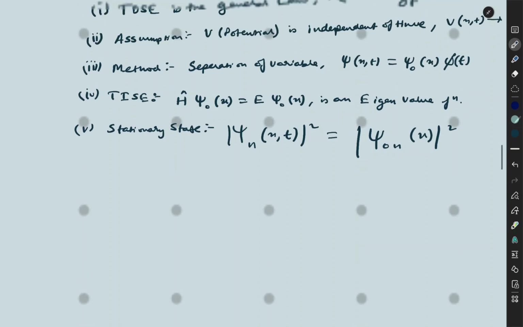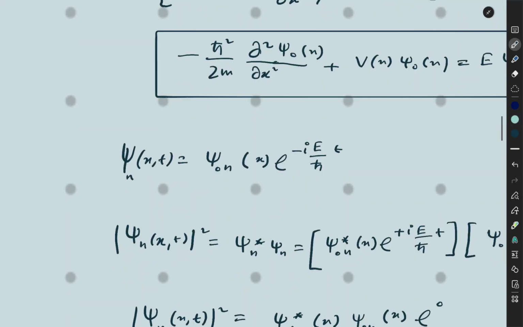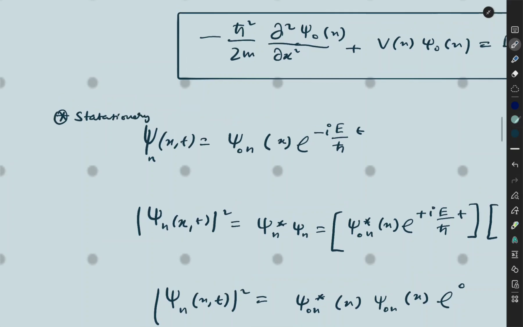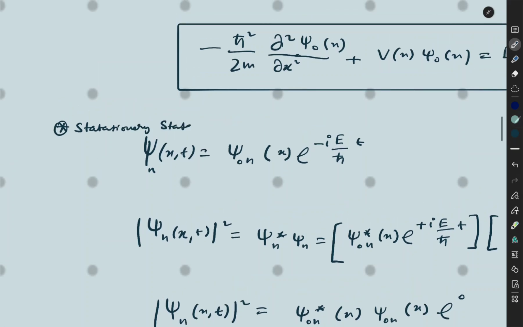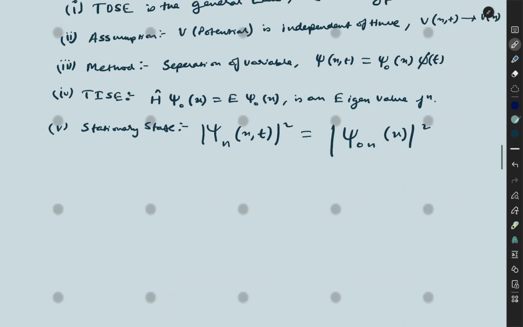So this is the stationary state, and we'll write it over here as a topic, stationary state. So in the stationary state, what we got is that the probability of finding the particle is independent of time.